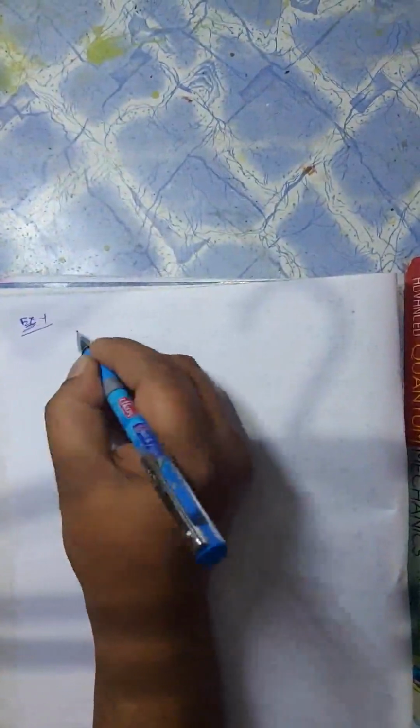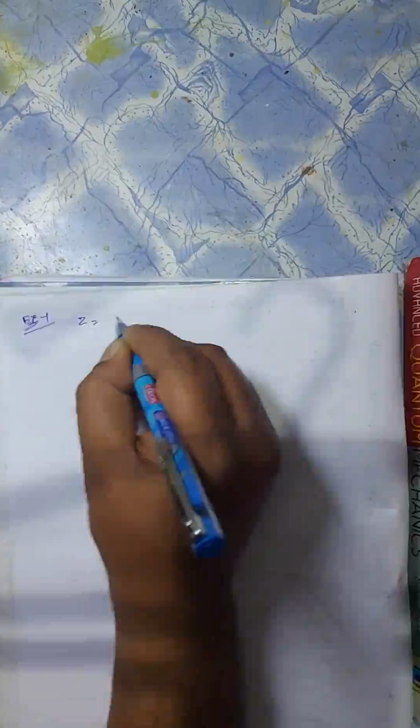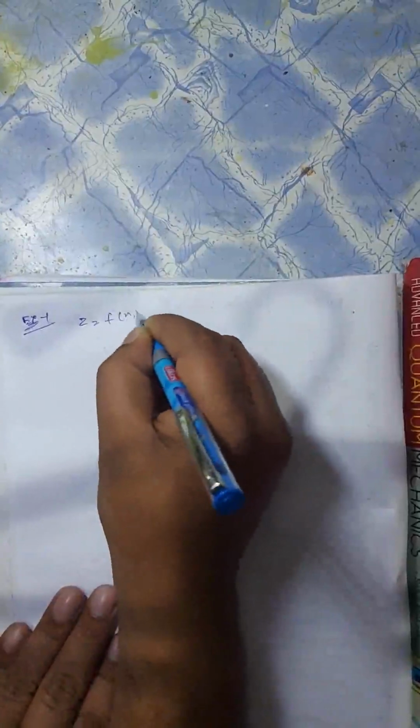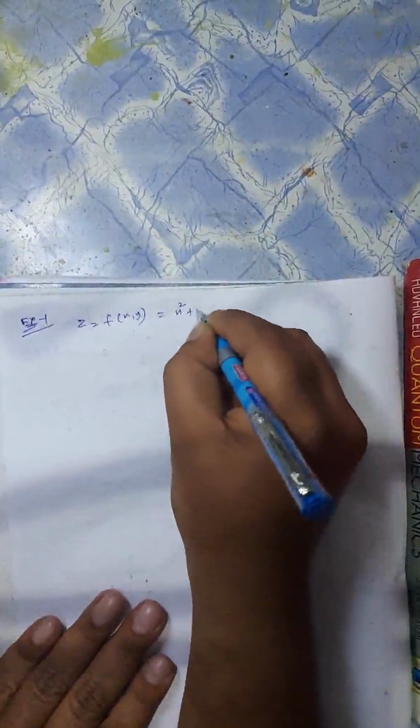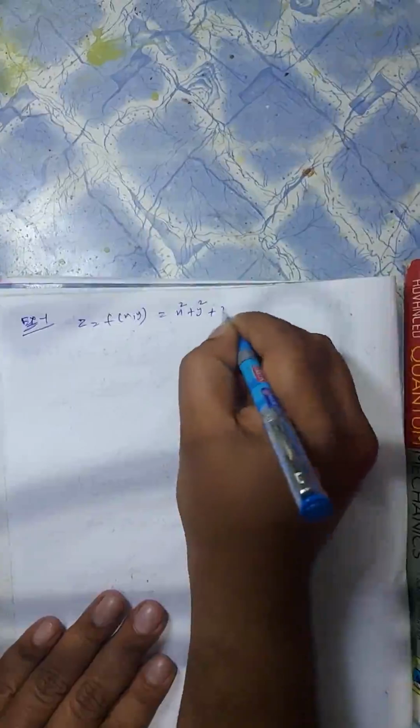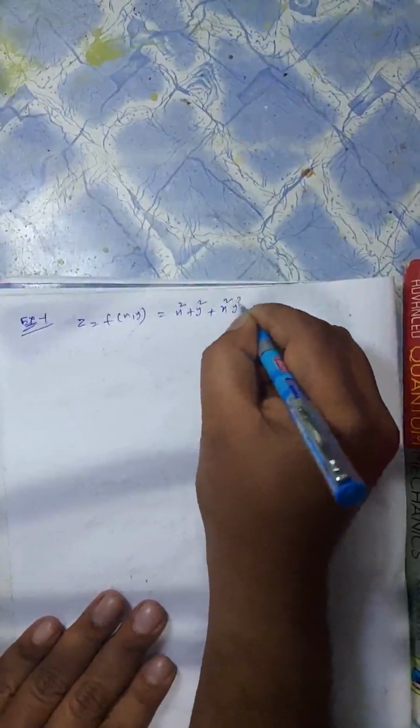Example 1. Suppose we have a function z = f(x, y) equal to x² + y² + x²y².